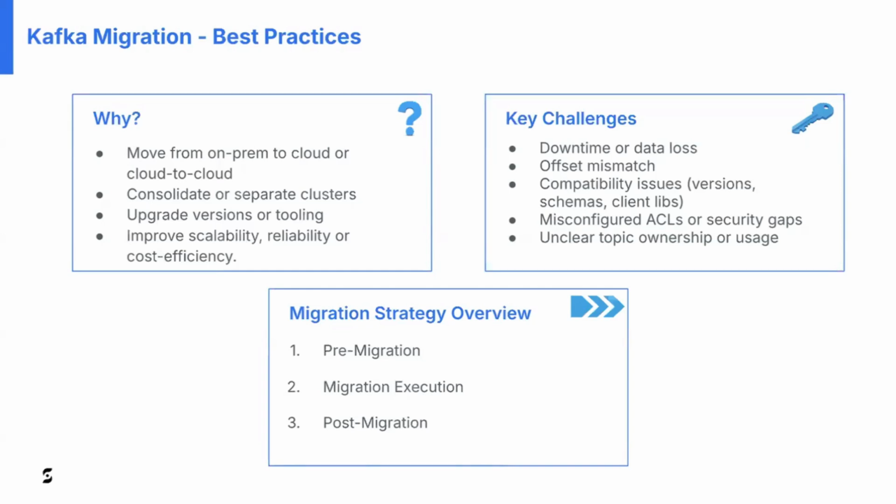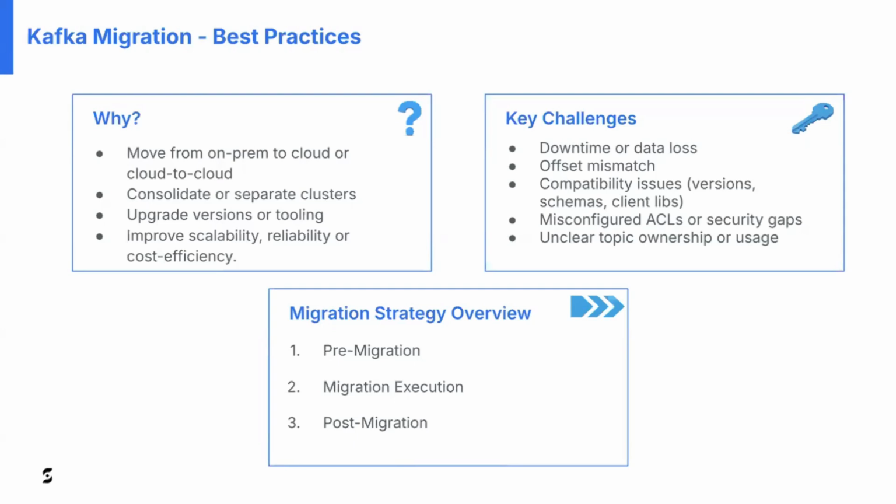Second could be consolidation. Maybe you have grown through acquisitions or have fragmented environments that need to be unified, or maybe the opposite. Maybe you need to isolate data pipelines by business units or by regions. So that could be another use case.